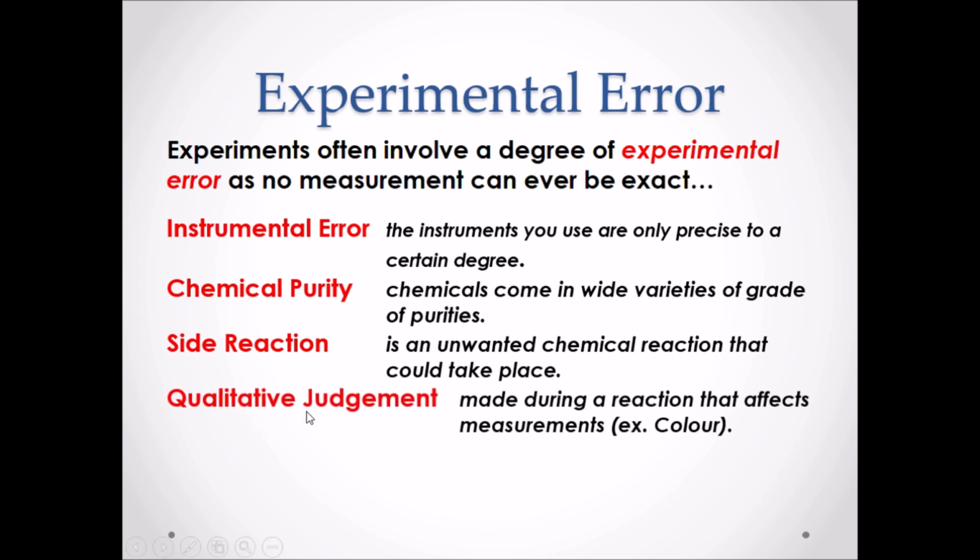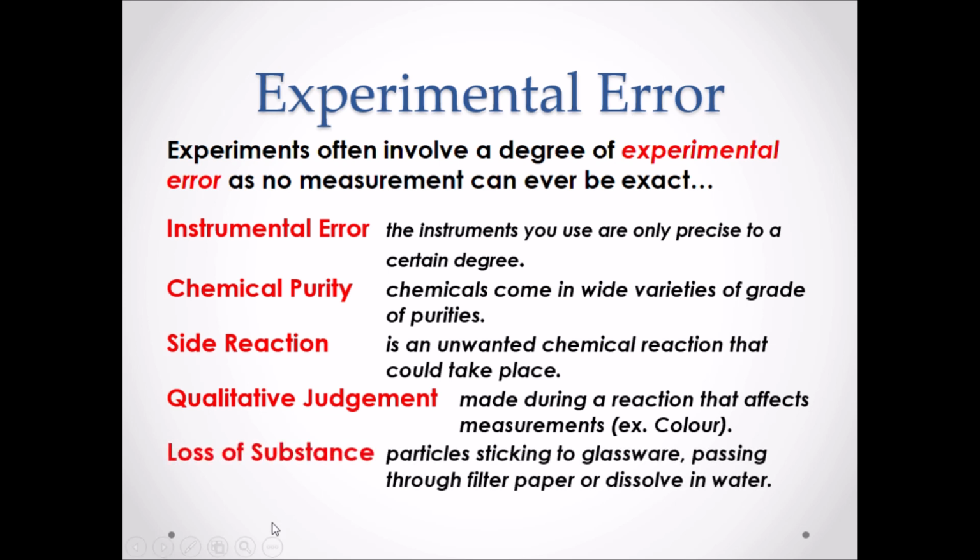Qualitative judgment. These are measurements that have to be made by humans. For example, one student may observe the color of a solution slightly different than another student. And finally, loss of substance. This can occur when particles stick to glassware, pass through filter paper, or dissolve in water.